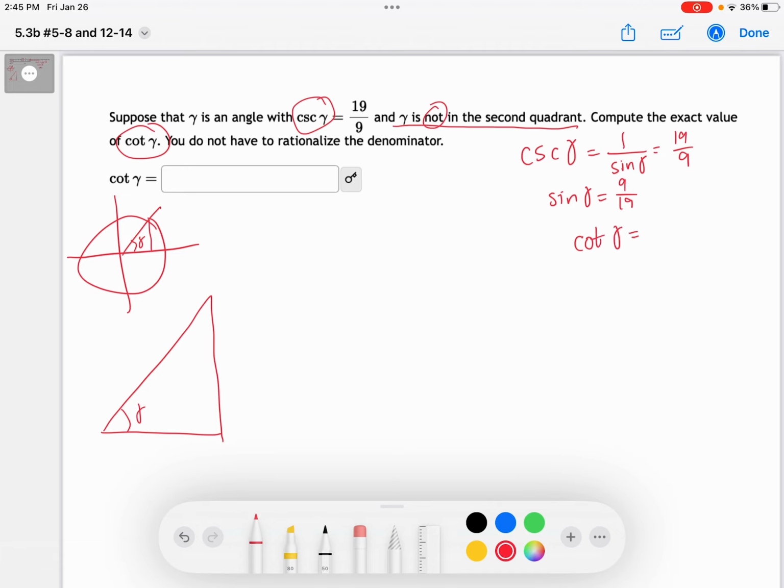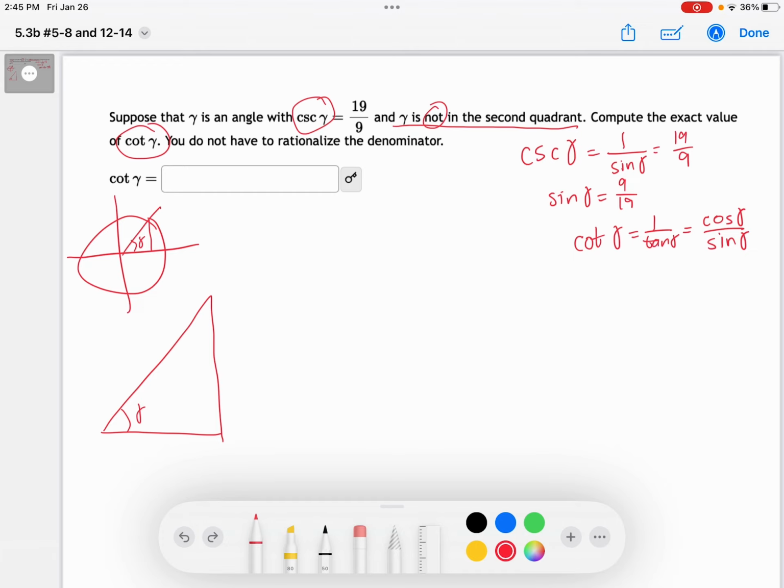Well, what is cotangent? Cotangent is 1 over tangent, and tangent is sine over cosine, so this is going to be cosine over sine. I already know sine. If I could find cosine, then I'd be able to calculate this. There are two different ways that I can calculate cosine once I know sine.